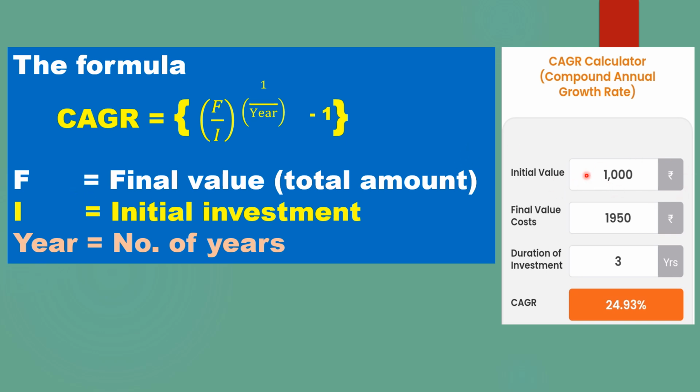I invested, let us say, 1000 rupees, and then the final value, this is the amount I got after profit, including profit, everything. How much period have I invested? 3 years. It will calculate and give the CAGR.